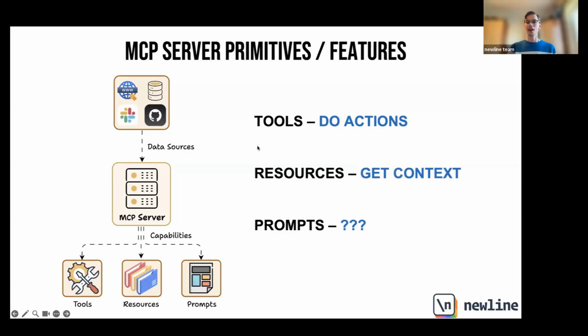Okay. Resources, on the other hand, is just for getting data. So we can get data into the context of our LLM of choice. It is like a GET request, right? We just want to get some data and that's it. And yes, actually we can use tools to get the data as well. You might ask what's the difference.